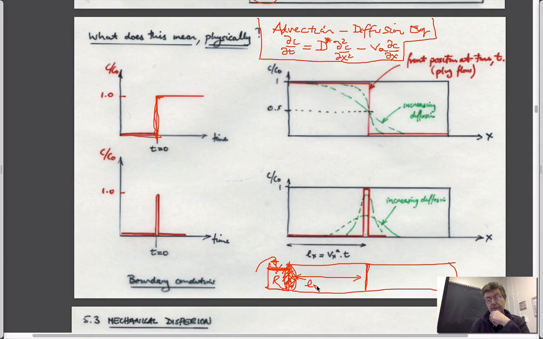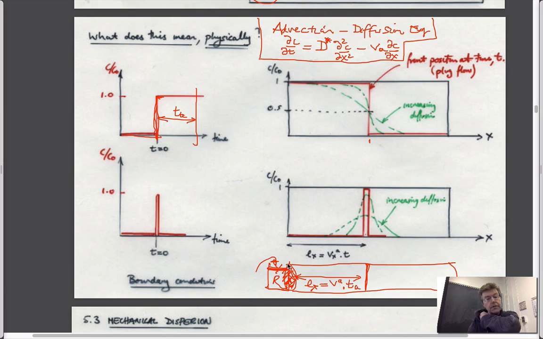And this length that it's traveled is equal to the advective velocity multiplied by the time since we introduced it. I guess previously we called it t, the arrival time, although it's not really arriving, it's arriving at this point.